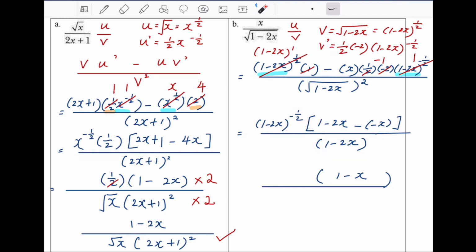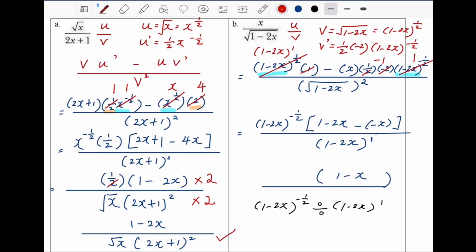Why? It's the same factor. This is negative 1 over 2. This is 1. In between them is division. So again, negative 1 over 2 minus 1. Because if I imagine it, it is the same as 1 minus 2x power negative 1 over 2 divided by 1 minus 2x power 1.